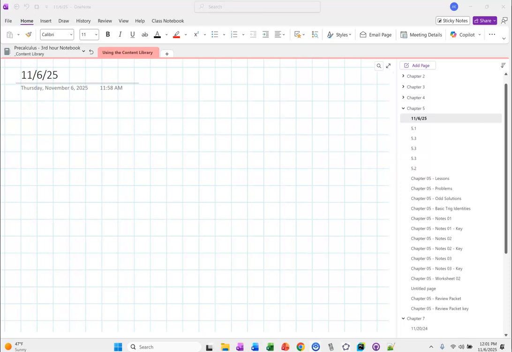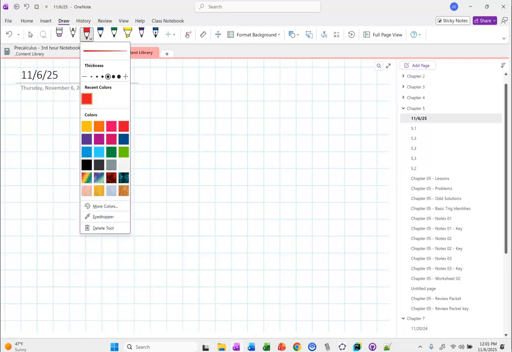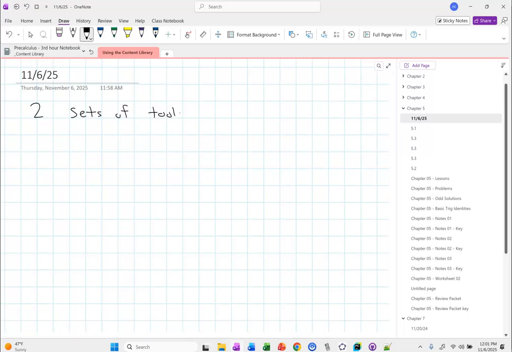And really what we're going to have are 2 sets of tools. The first set is our identities.